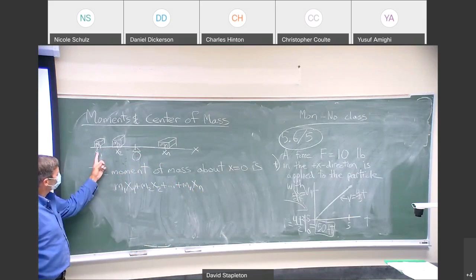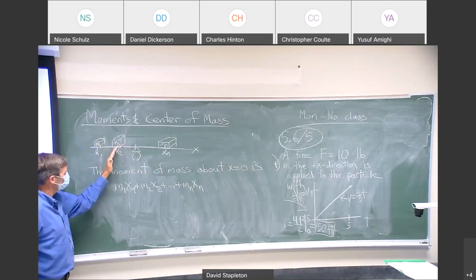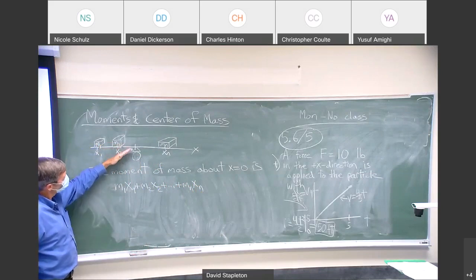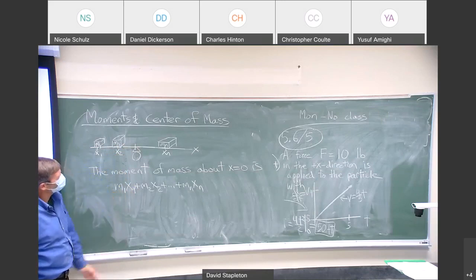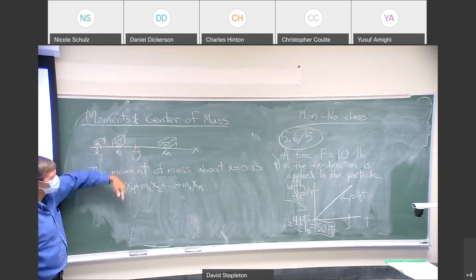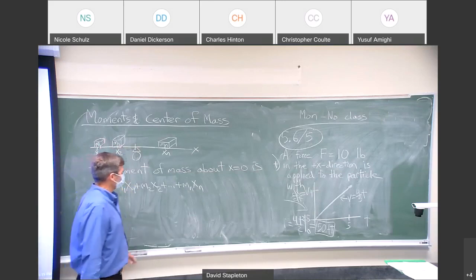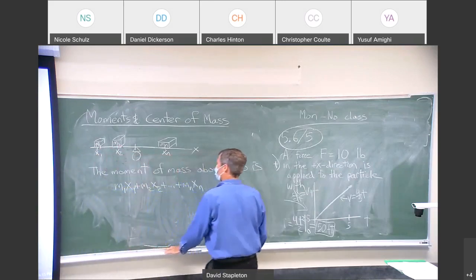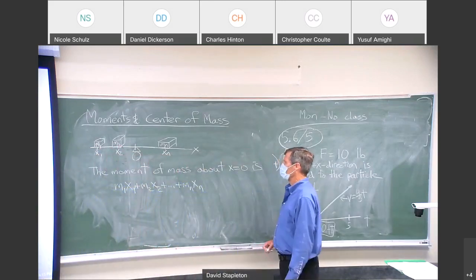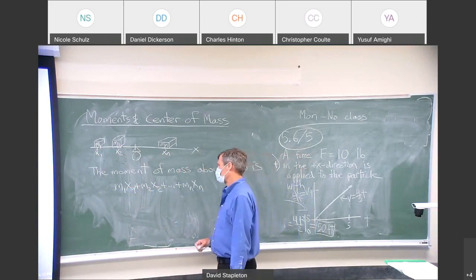Now when x is negative here, it's exerting a negative torque, turning it this way. When x is positive, torque that way, if you count that as positive turn. Sometimes people like to do counterclockwise, it would be the opposite. But we'll say this is the moment of mass, is this.